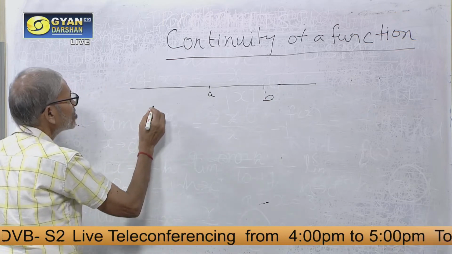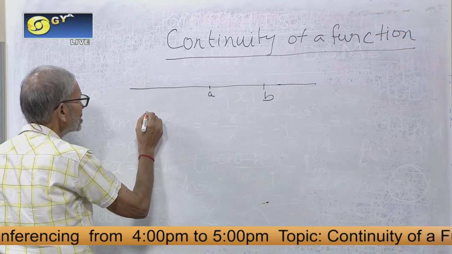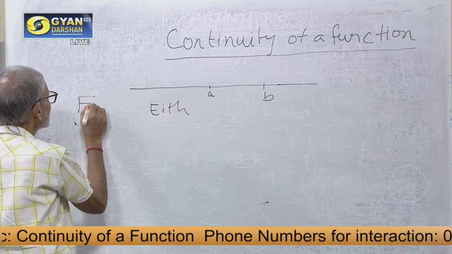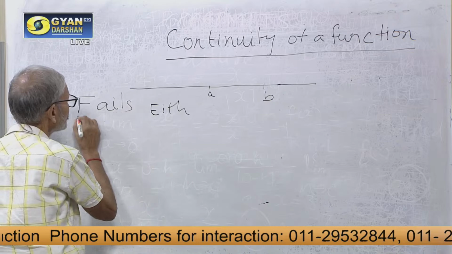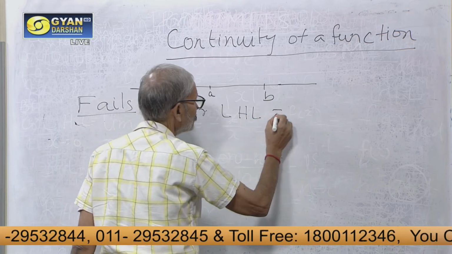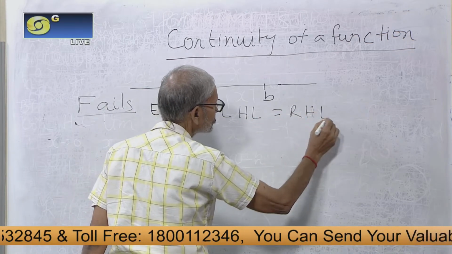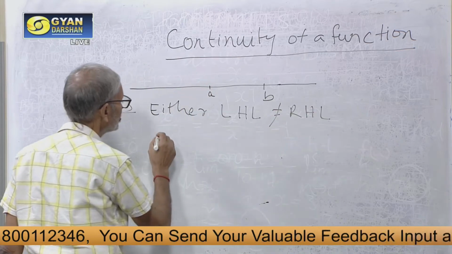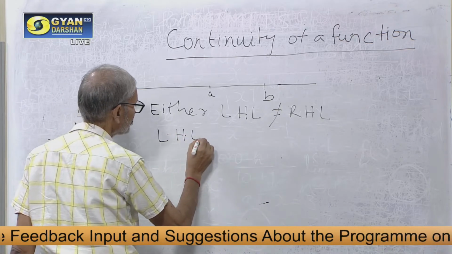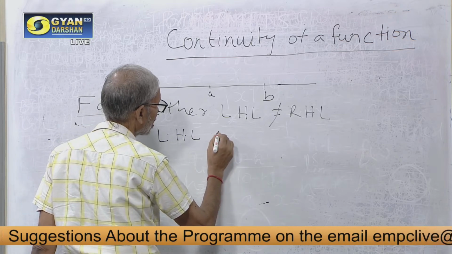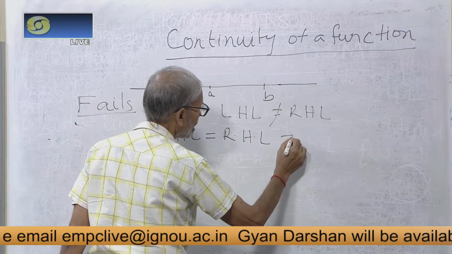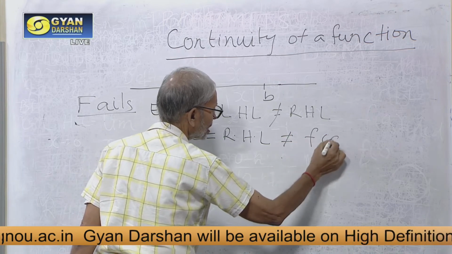A function fails to be continuous in two conditions. Either the LHL, left hand limit, and RHL are not equal, or, if they are equal, then LHL and RHL are not equal to f a.